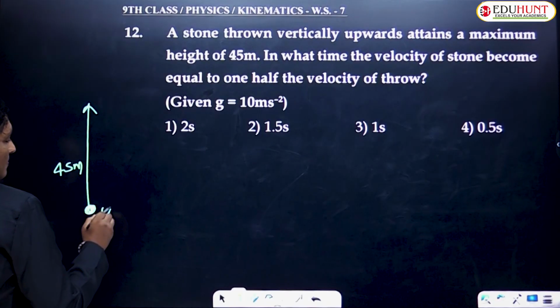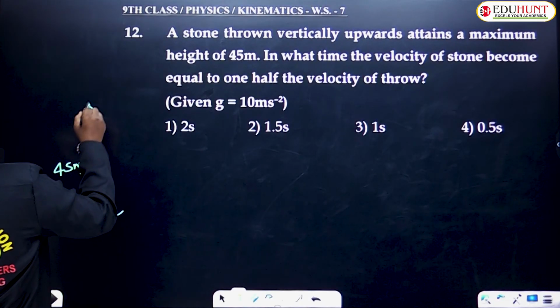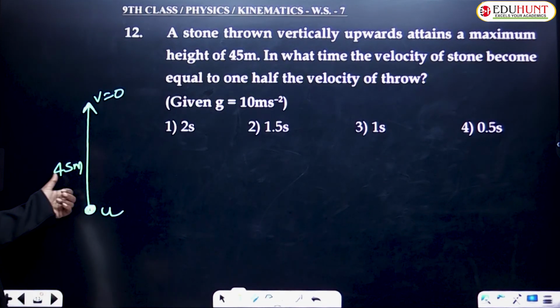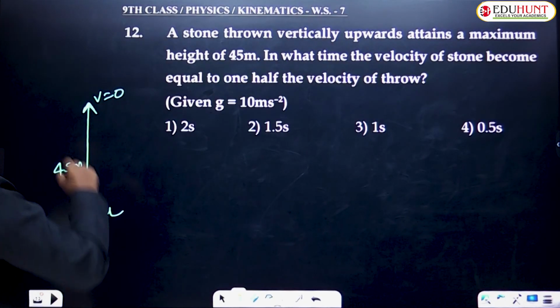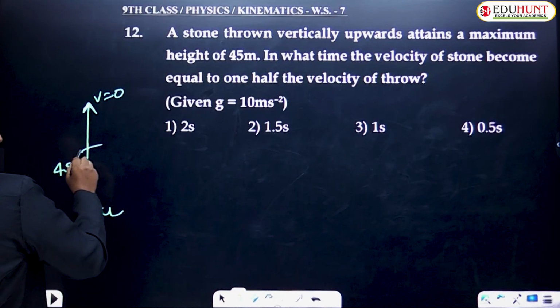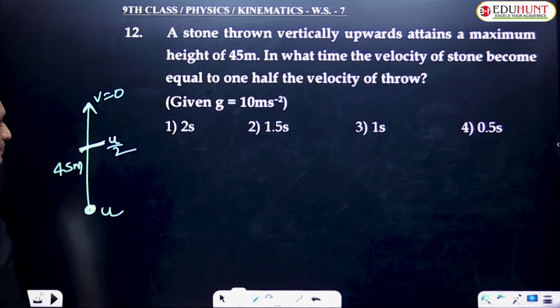So let us suppose the velocity of throw is u. And here the final velocity will be 0. Whenever it reaches the maximum height of 45 meters, its velocity becomes 0. So what you are asked to find is somewhere, not at half of the height, somewhere its velocity became u by 2.